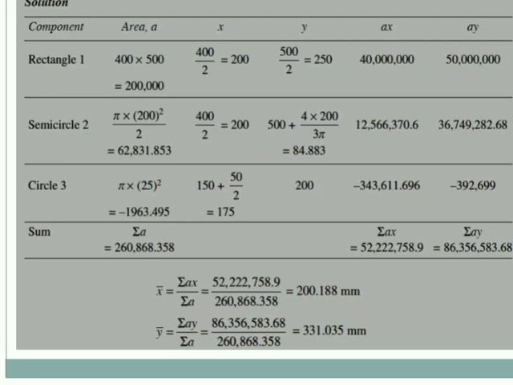So for the rectangle, area is 400 by 500, x1 as I said directly 400 by 2, and y1 you will get as 500 by 2. Then a1x1 and a1y1. For the semicircle, area is pi r square by 2, x is 400 by 2, which is 200, and y is 500 plus 4 into r by 3 pi.